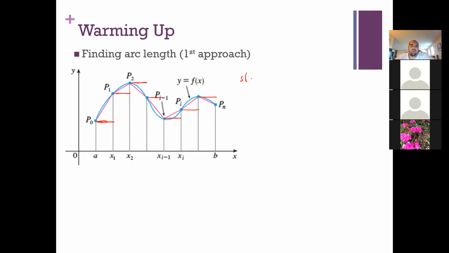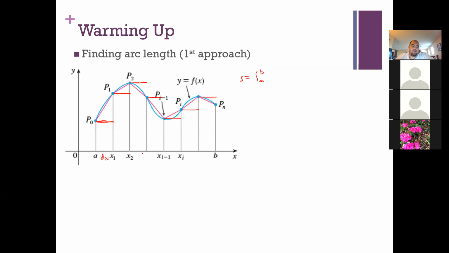If you remember back from geometry, you probably saw arc length represented as S. So let's say I wanted to find the arc length here from a to b. It's going to look really simplistic, but we're just using this as motivation to build up on. So let's go the old approach, like we do with area, where I take all of these little subintervals, and all I really care about is that separation in x.